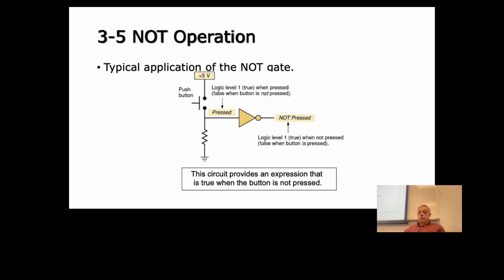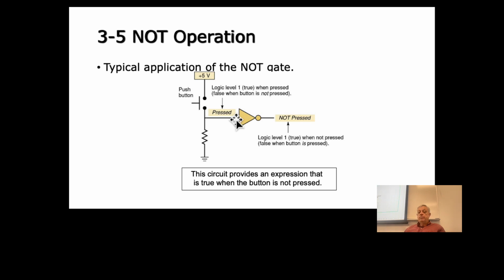So how do we use it? We had to think about how this worked for a minute, but with the switch open, the input's tied to ground, so I've got a 0 here. 0 here means what do I have as the output? A 1. When I close the switch, what do I have at the input? 1.